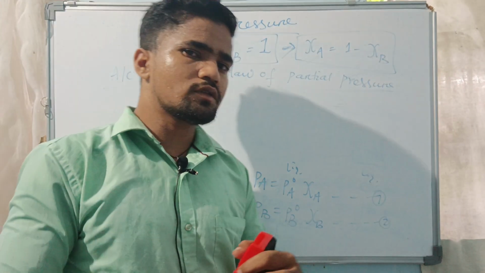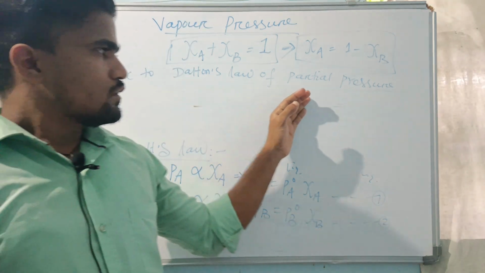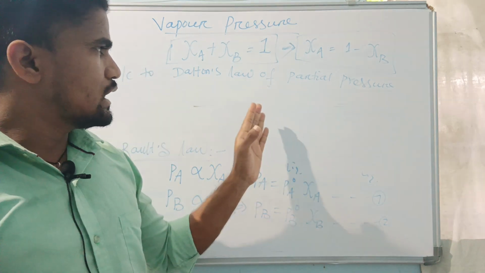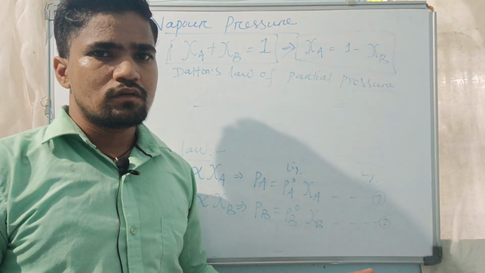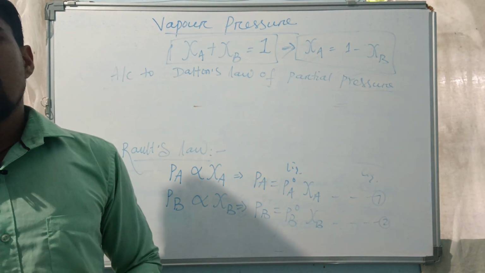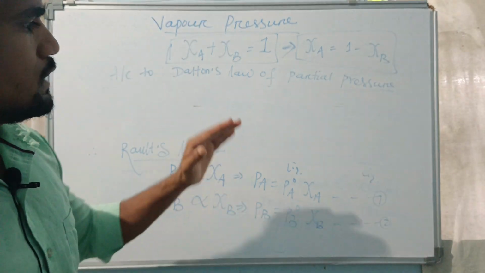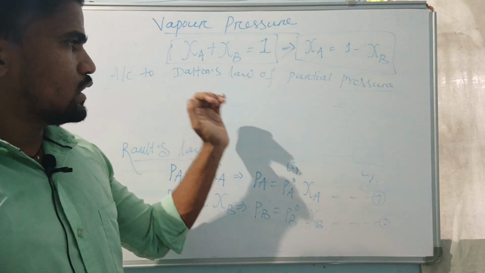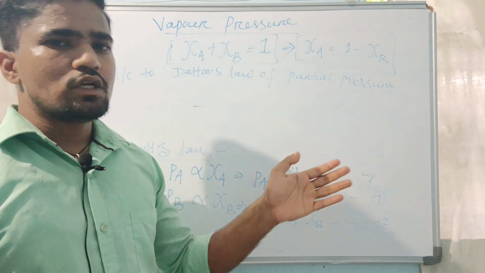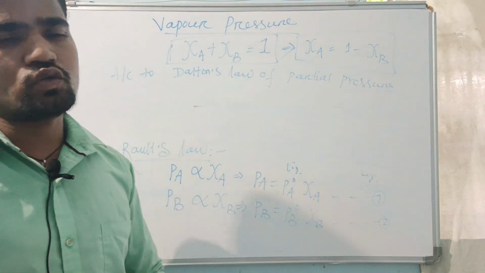Dalton's law of partial pressure states that the total pressure in a solution of volatile liquids is equal to the partial pressures of the two components. In simple terms, the total pressure of that solution of volatile liquids is equal to the sum of the partial pressures of both components in that solution.